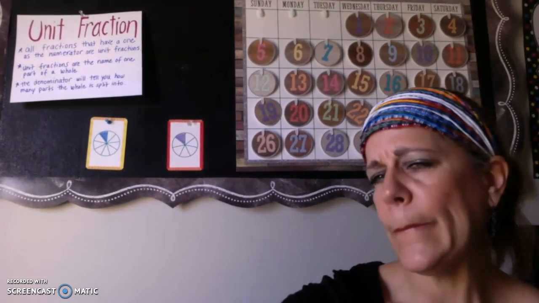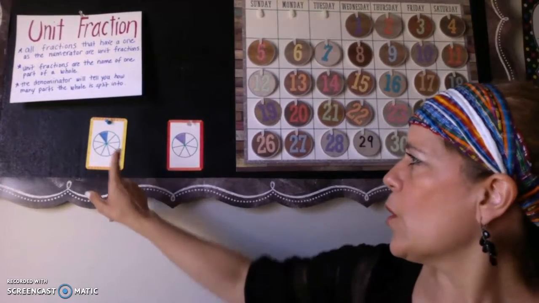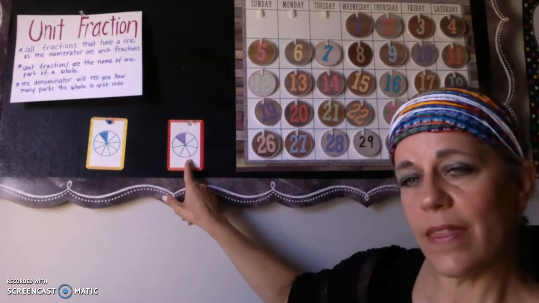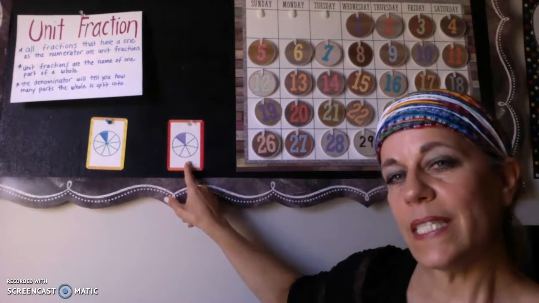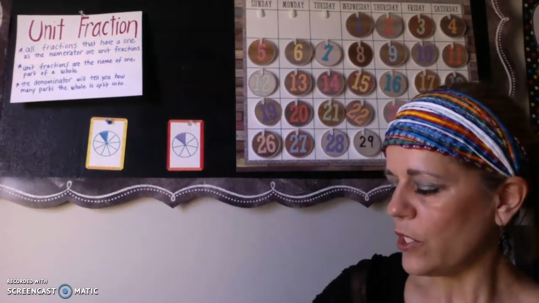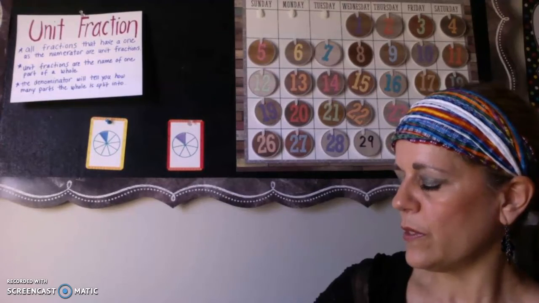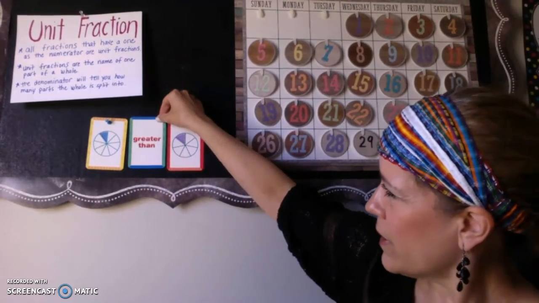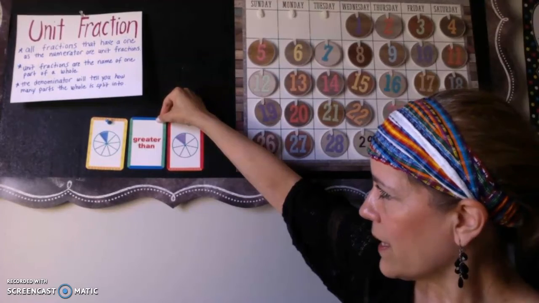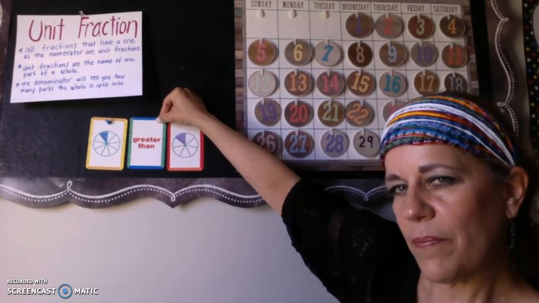So, which one would be bigger? 1/9 or 1/7? 1/7 is bigger. But if I have them like this, which symbol am I going to use? Am I going to say greater than? 1/9 is greater than 1/7.